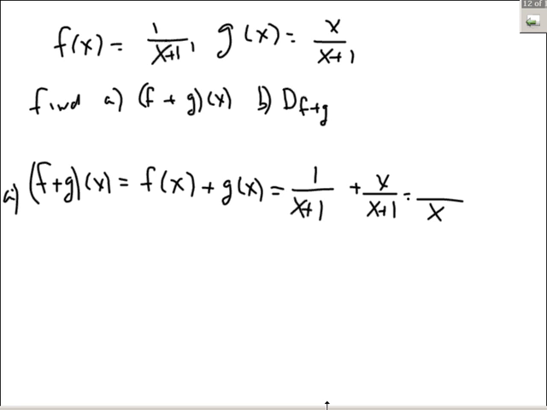Since the denominators are the same, I keep it in addition, and I add the tops, 1 plus x, where 1 plus x is, of course, the same as x plus 1. That is, I always get 1. Now, I claim this answer is not done yet, because you have to find the domain. The domain of f plus g may not be the domain of f plus the domain of g.